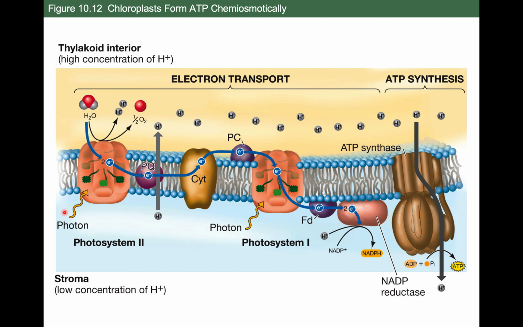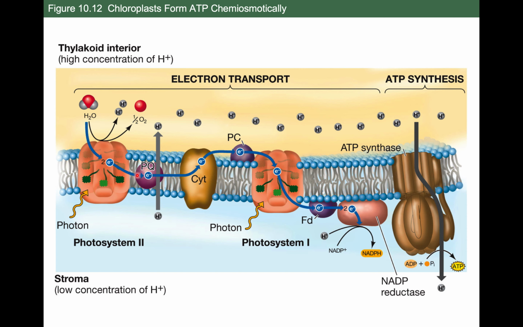And so again, the way this works, our light is coming into the chloroplast, hitting these photosystems. All that energy is getting funneled into the reaction centers, and those reaction center chlorophylls are losing their electrons. I'm going to focus on just what's going on between the photosystems here. Those electrons that are lost from photosystem 2 are being passed down this electron transport chain to photosystem 1.